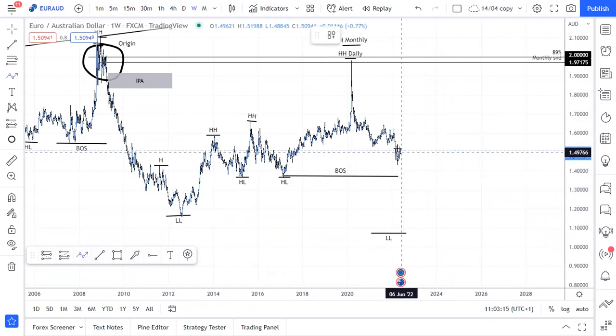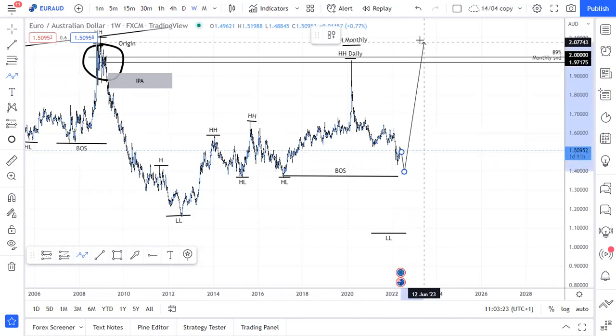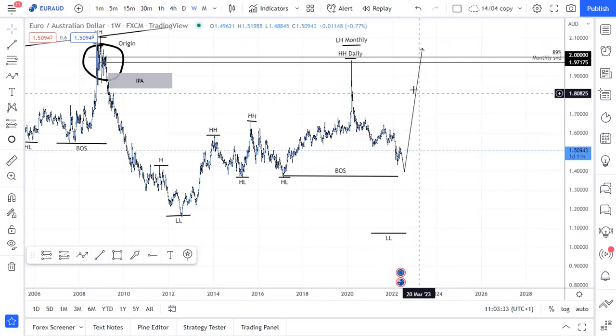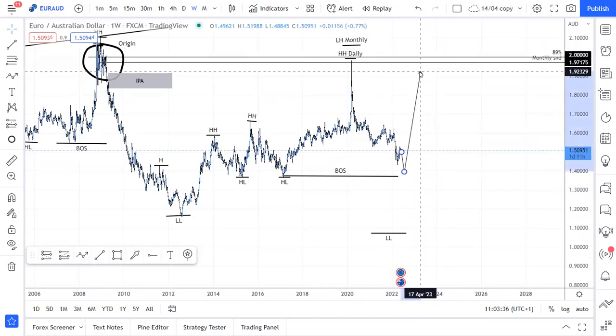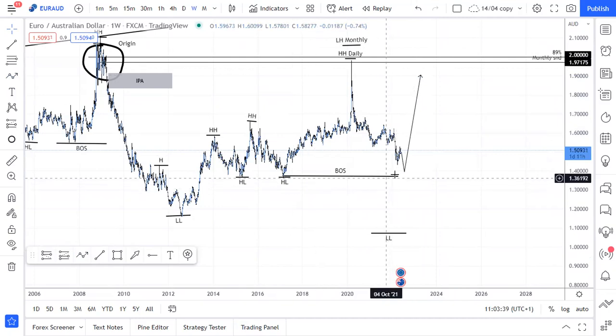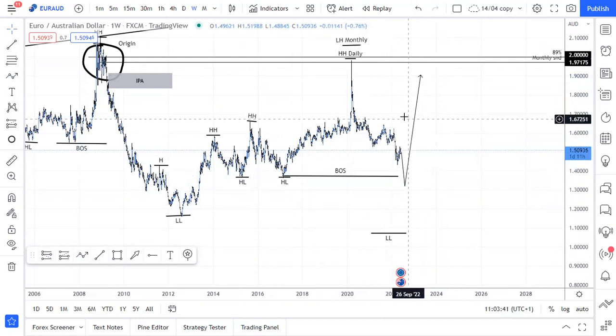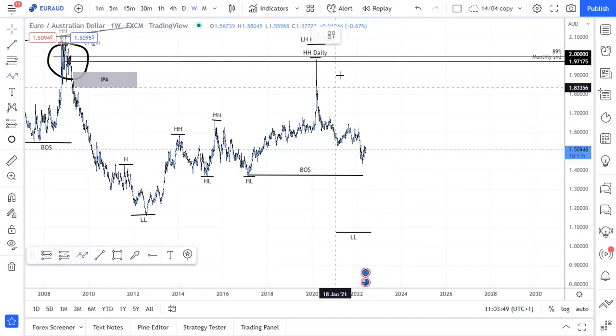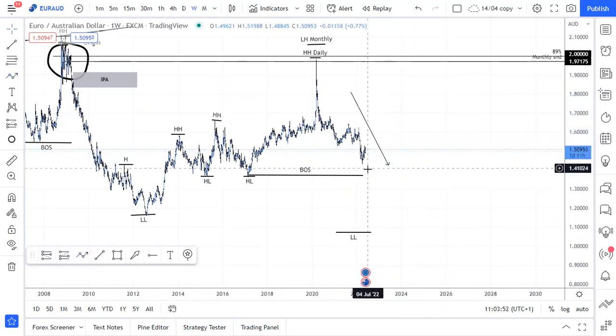Or are we going to come into this area here, not make a new lower low, not break structure, and then just come up to make possibly a new higher high, or even a higher low. But what we want to see ideally is this break of structure.